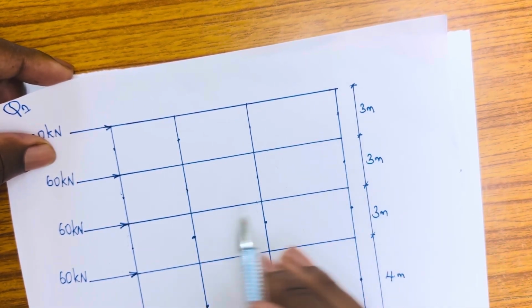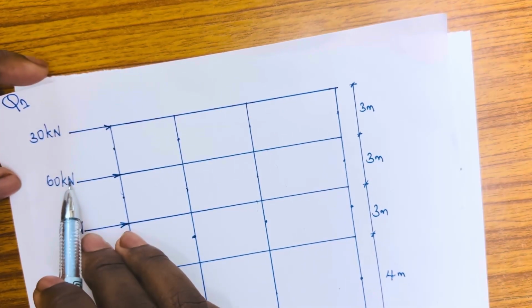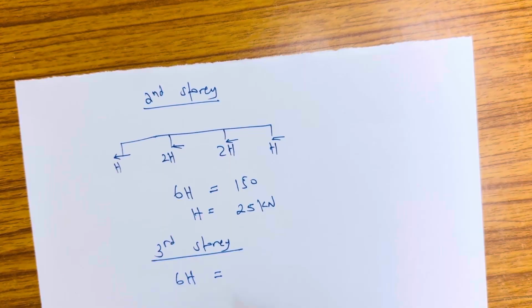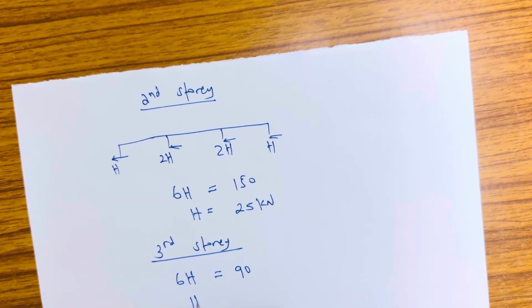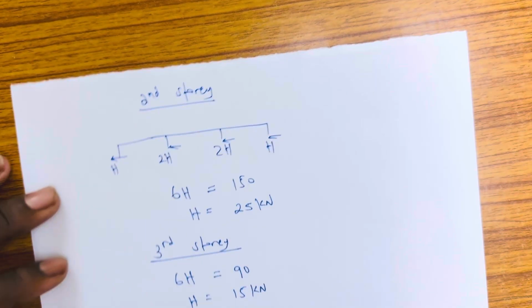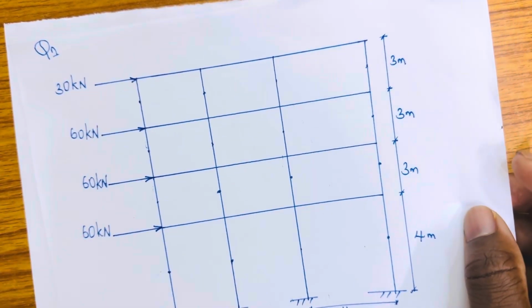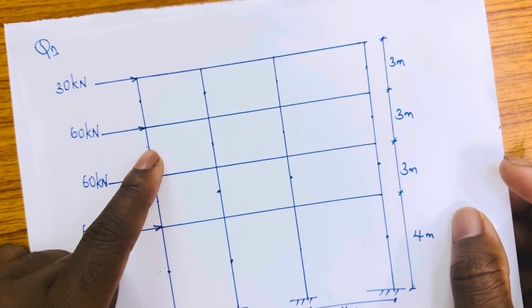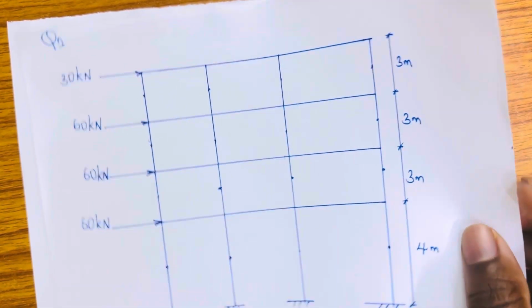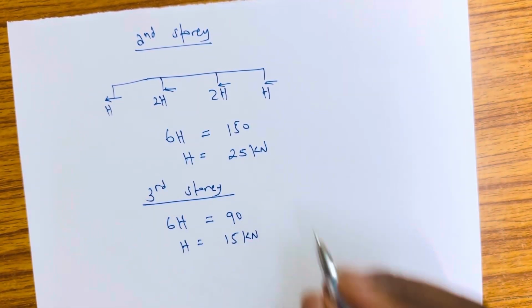Then we have from 60 upward, so it's only 60 plus 30, which is 90 kilonewton. When I divide both sides by 6, I get 15 kilonewton. So if I cut it from the third story, it's going to be 15 here, so here is 30, then here is 15.